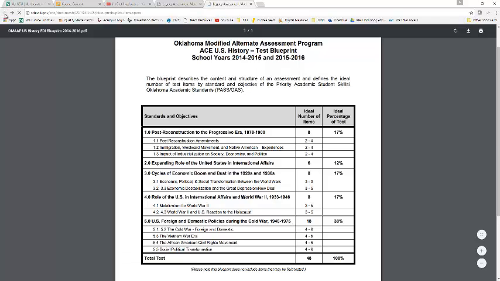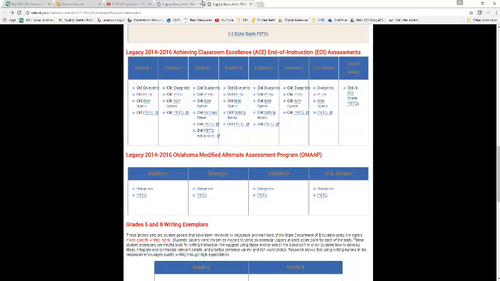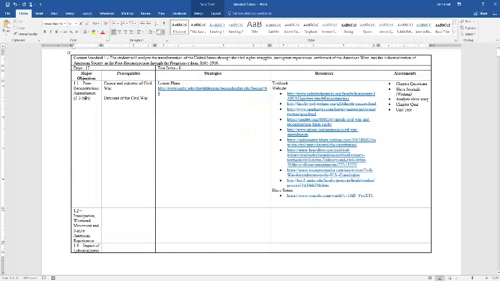So what does that mean? That means that if we look at our standards, post-Reconstruction amendment, 2 to 4 questions. So what I've done is this is what you're going to do for Friday. You're going to tell me the major content standard, and if there are any substandards, you can break it down into substandards if you want.